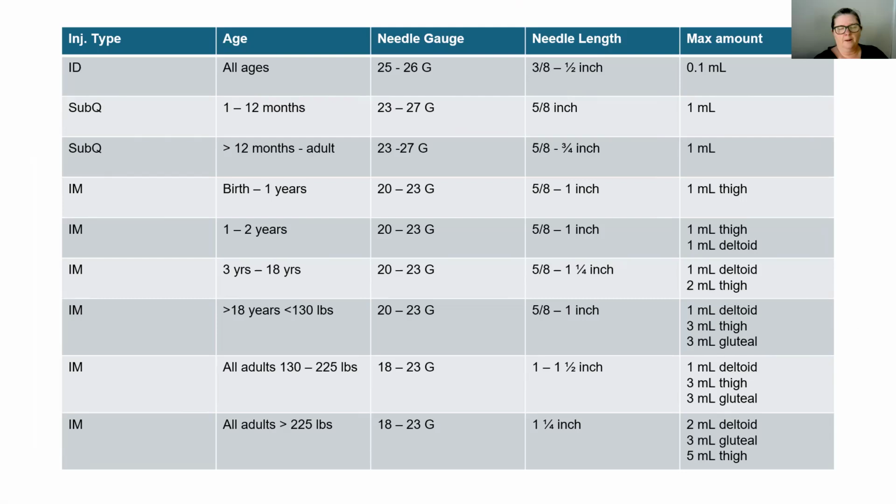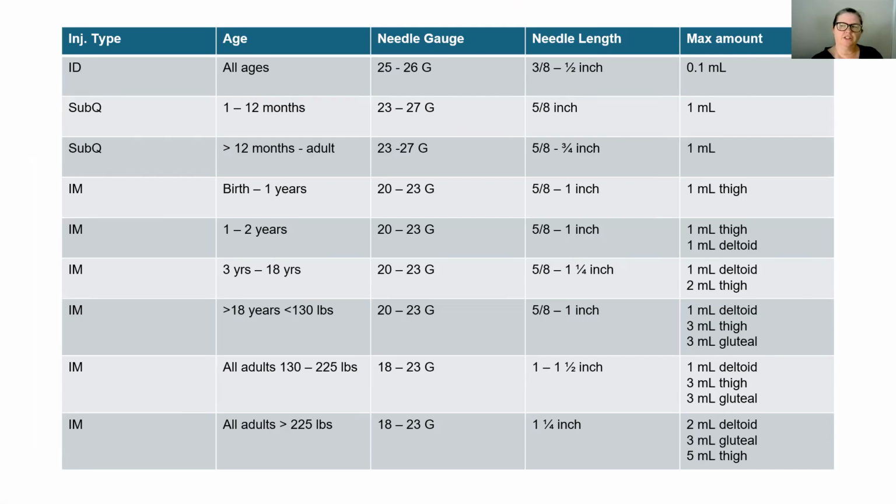Okay. Now, I was talking about length. The length of the needle is determined by the size of your patient. If you have a patient that is, say, 200 pounds, and you're going to give them an injection into the deltoid, chances are they don't have a ton of fatty tissue between their skin and their muscle.